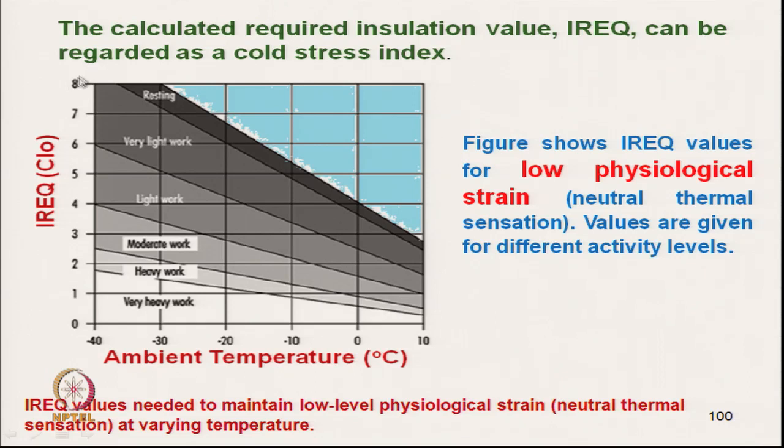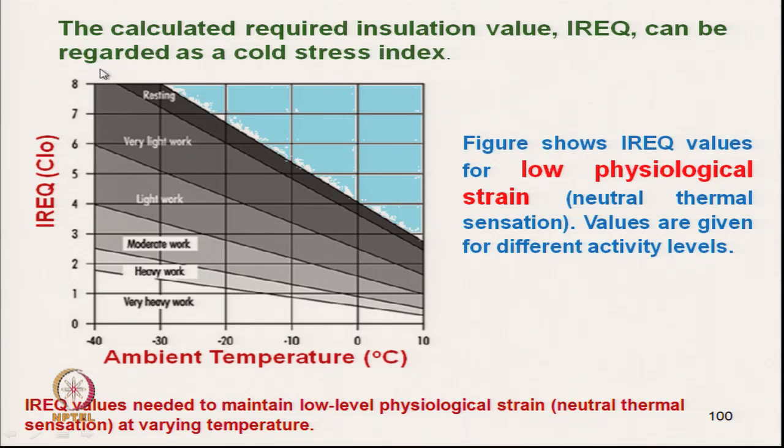Let us see this diagram, where the x axis shows the ambient temperature. In this picture it starts from minus 40 degrees Celsius, minus 30, minus 20, minus 10, 0, plus 10. These are the temperatures, and the IREQ value, that is, the required clo value of the clothing to keep the person comfortable, is given on the y axis.